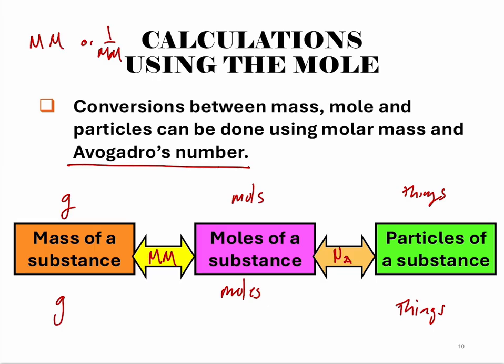Right, if we're going from grams to moles, we should end up with units of what? Moles, right? And if the units of molar mass, remember this bracket here I'm using means units, is grams per mole. If we want moles in the numerator, how should we use the molar mass?